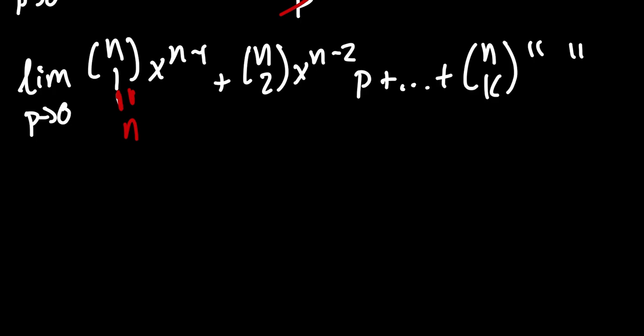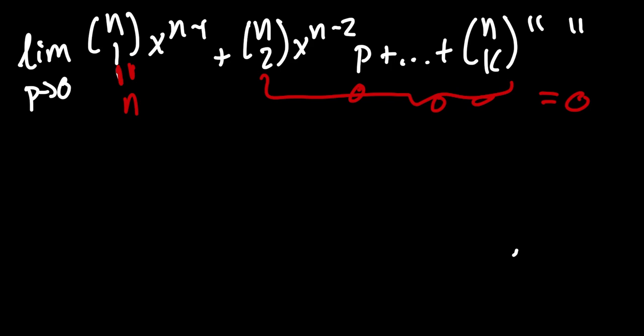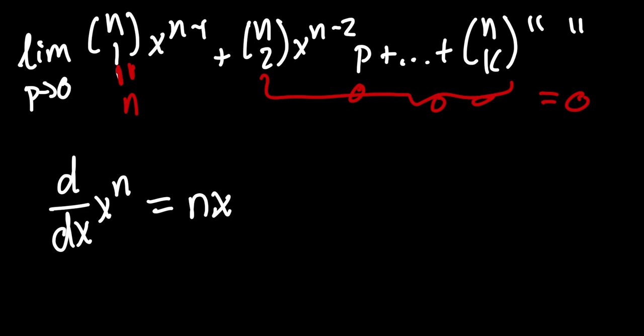And now we plug in 0 for all the p's, which makes the rest of the expression equal 0. That simply leaves us with the derivative of x to the nth power being equal to n times x to the n minus 1th power. And that is how you derive the power rule.